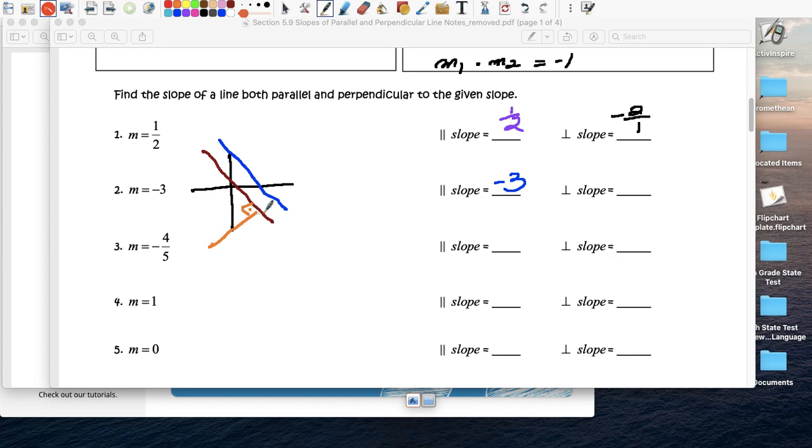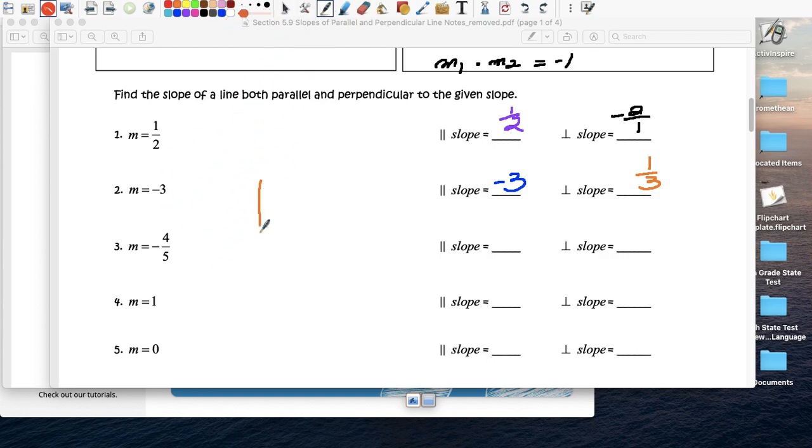Remember here, forms 90 degrees. What's the relationship between the slope of the red line and the orange line? Well, one would be the negative reciprocal of the other one. So if the slope of the red line is -3, the slope of the orange line would be the reciprocal, 1 over 3, and we would negate whatever it was. So if it was negative, now it's positive, and so it's 1/3. Okay.